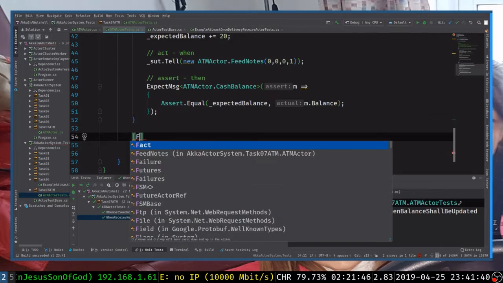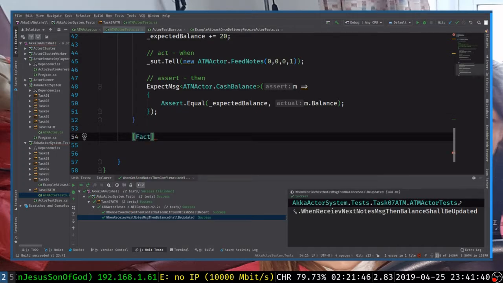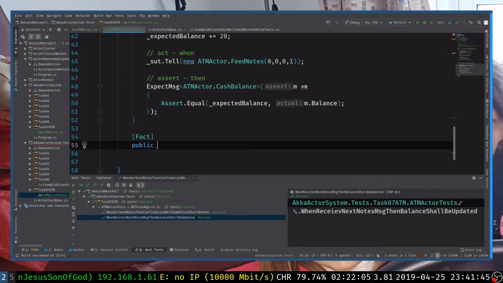So let's try to dispense something. So when asked to dispense less than 40, error message sent.